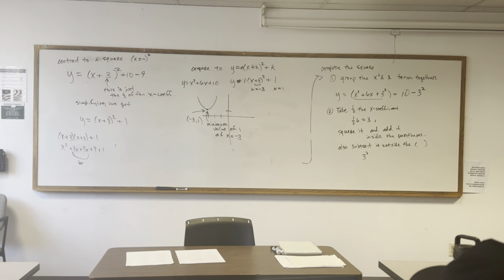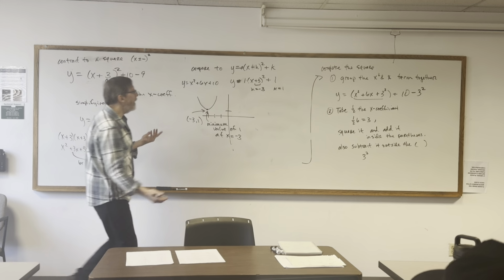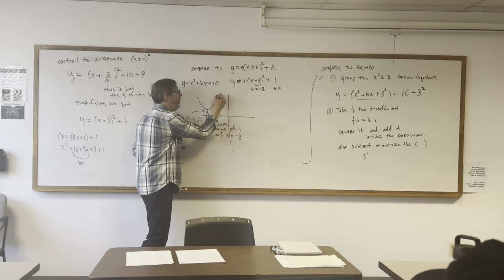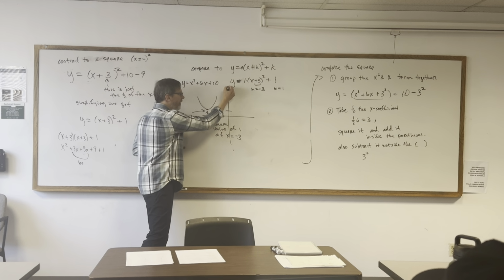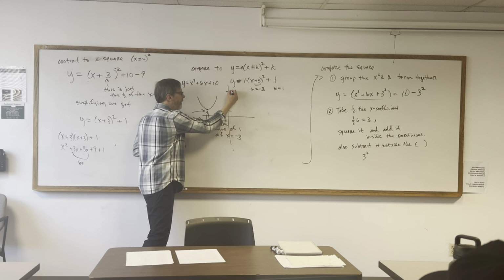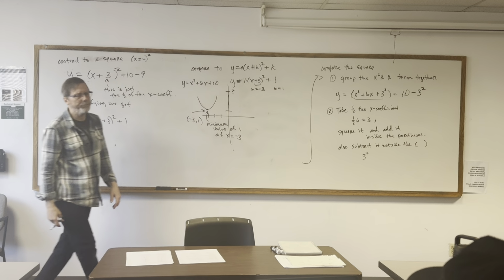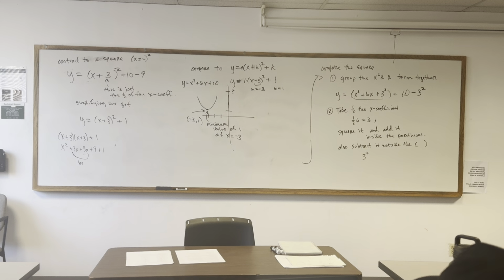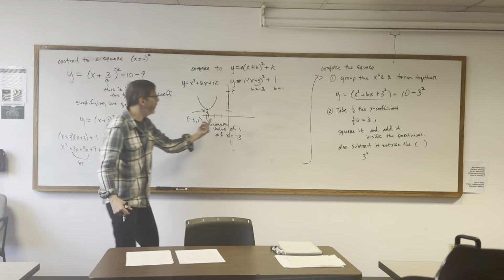Any other questions? What if I wanted more detail? What if I wanted to find where this side here touches this axis? How could I find that? Set x equal to 0. Yeah, exactly. Just plug in the point x equals 0.